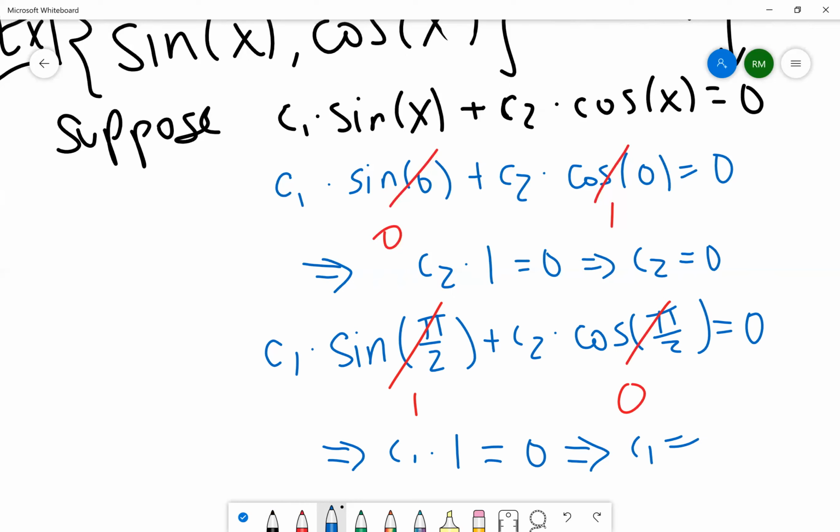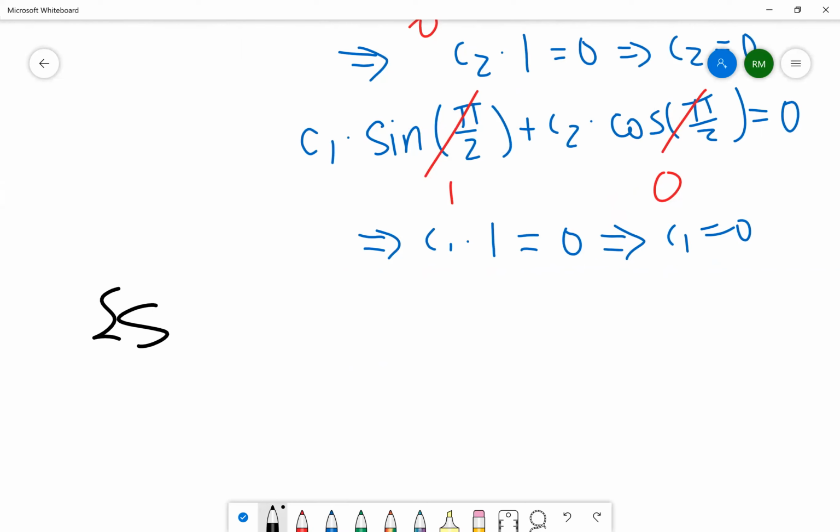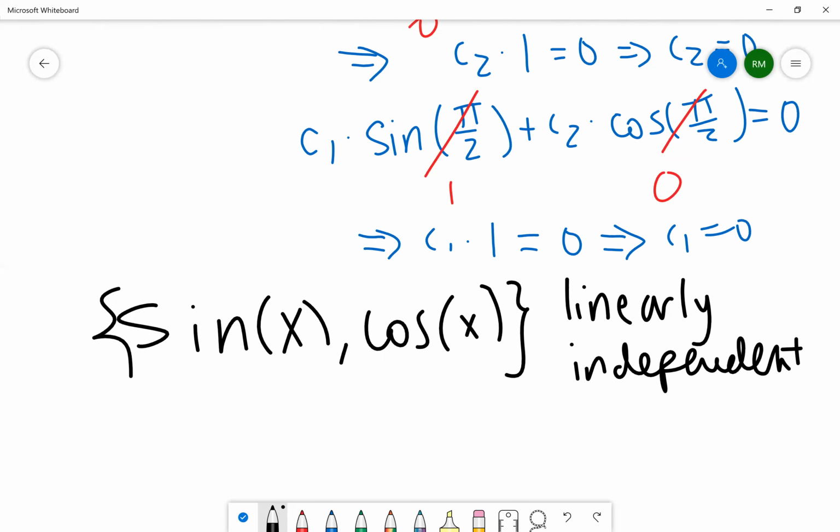So c1 is also 0, and therefore we can conclude that the sine and cosine are linearly independent. For those of you who are in differential equations, you might see the Fourier expansion soon, and you'll see that more than just the sine and the cosine are linearly independent. Much more is true. Okay, so this is an example where we had functions as vectors, and we showed that there's no way to linearly combine them and get 0.